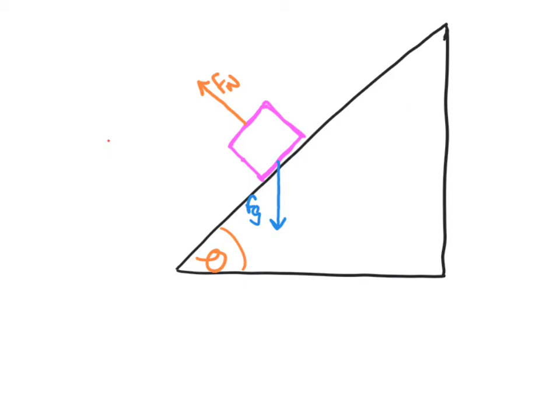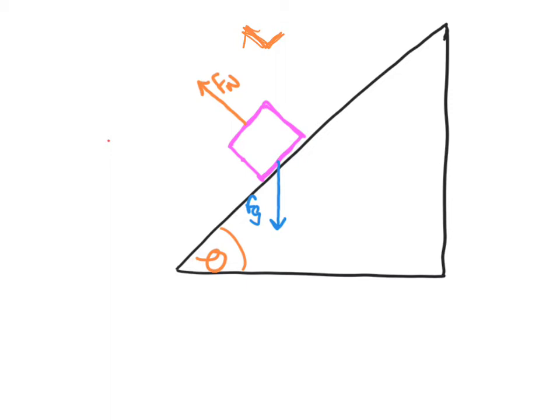So the first things that we should say here is that we have FG pointing downwards in blue, and we have FN this time because, remember, it's always going to be perpendicular to the surface. So in this case, FN is not directly upwards against FG, so it's off upwards to the left.